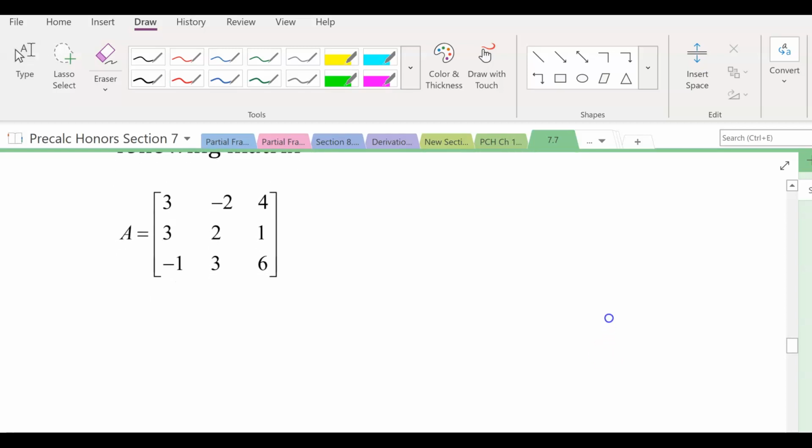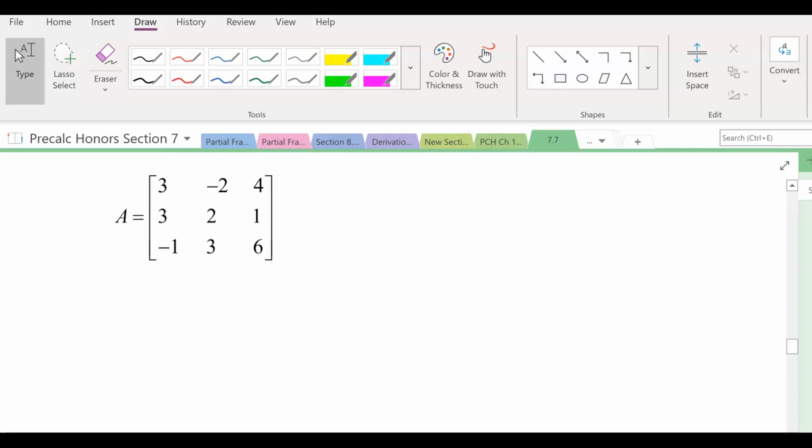All right, so let's go ahead and find the minors first. So each one of these entries is going to have a minor associated with it. So the minor for entry 1, 1, that's the 3.